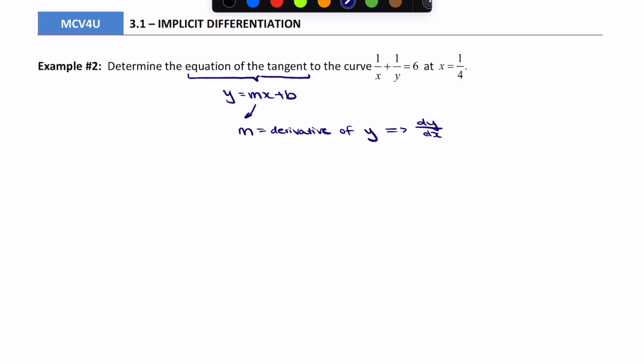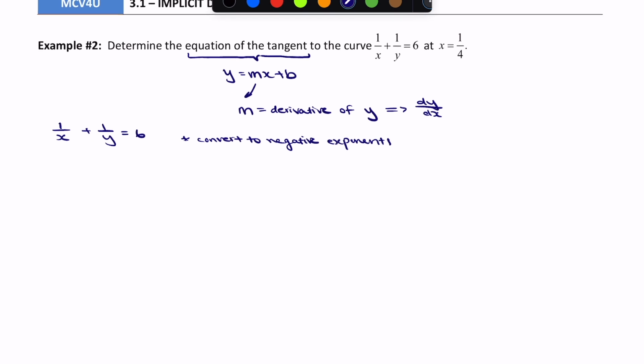Okay, so here we have this equation, 1 over x plus 1 over y is equal to 6. So let's convert this to negative exponents. So we'll have x to the power of negative 1 plus y to the power of negative 1 is equal to 6.